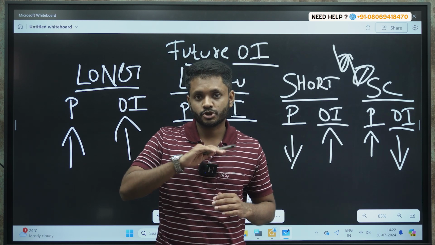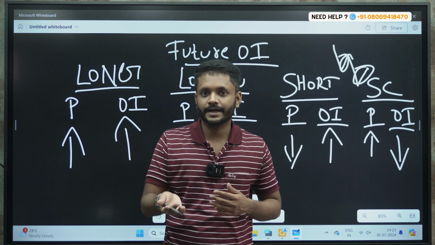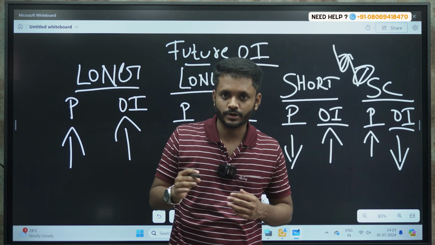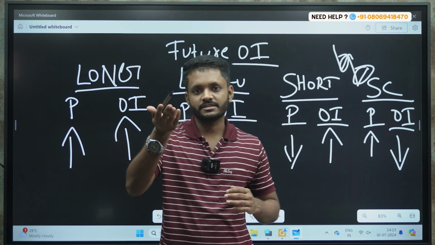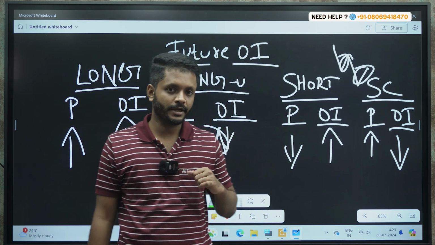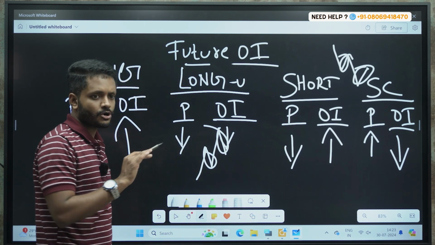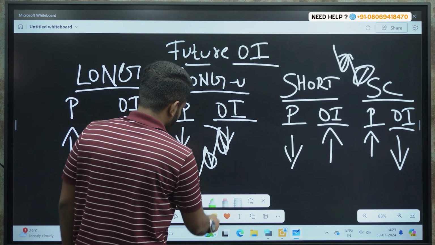So when the short contracts are closed, what does it mean? A buy position is being created, because they are closing the short contracts. So usually the price moves up and the open interest drops down because the fresh short contracts are being closed, correct? So I hope this long unwinding, short and short covering is very much clear to everyone.